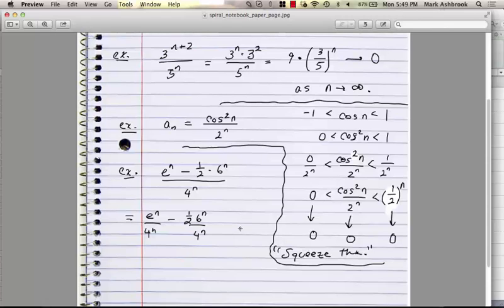Keep going. Who can go on this one? Make the first one just e over 4 to the n. Okay? Minus 1/2 6.